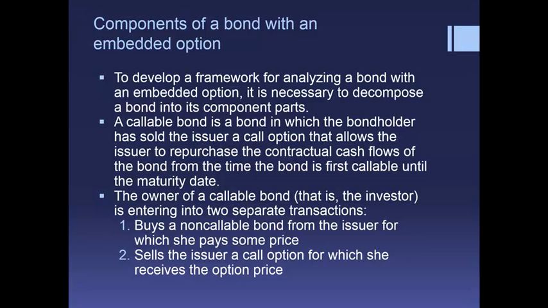Call option simply means the right to buy something. So the issuer has the right to buy the bond back from the investor at a specified price, maybe at a specified time period, so the issuer is buying that option from the investor, or turn it around, the investor is selling that option to the issuer. So the issuer owns that option.